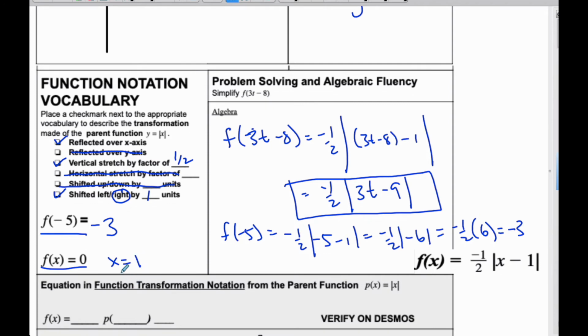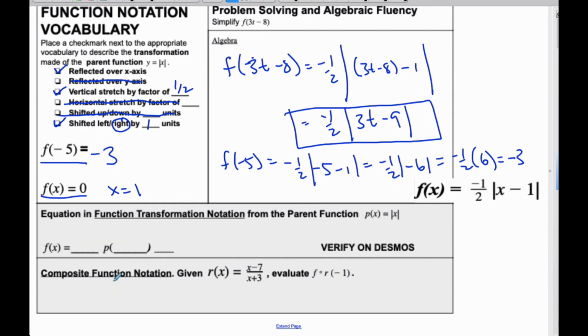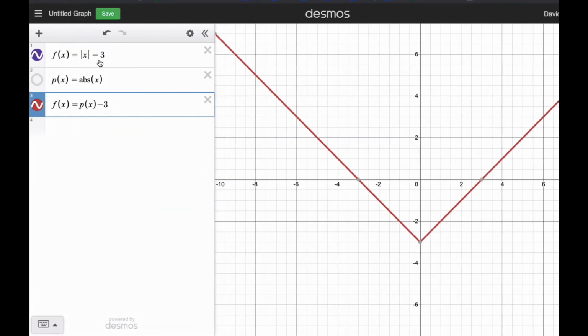All right, and so our function notation. When I do this, I know that inside the parentheses, the function was x minus 1. I know in front of the function is minus 1/2. There is nothing outside on this side, so I'm going to leave it blank. If I want to check it, I go over to Desmos.